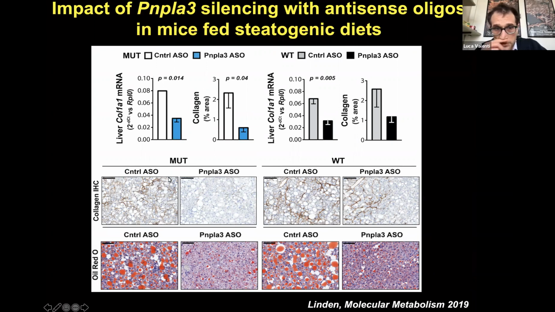Here, fibrosis is shown by collagen immunohistochemistry. You can see that in particular in mutant mice there is a nice reduction, whereas fat accumulation was shown here by oil red O staining in red.